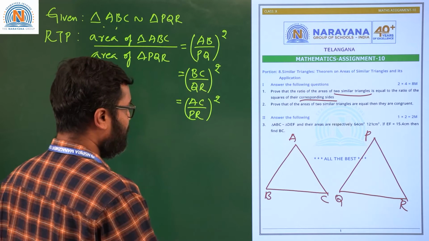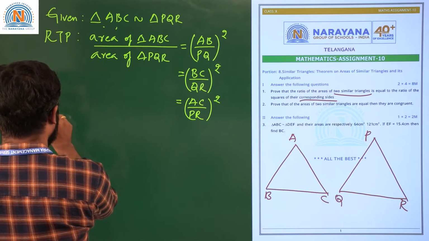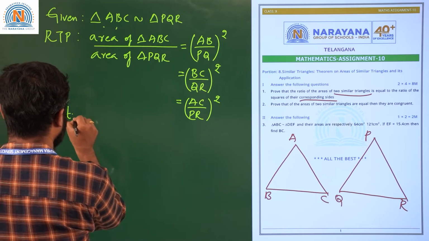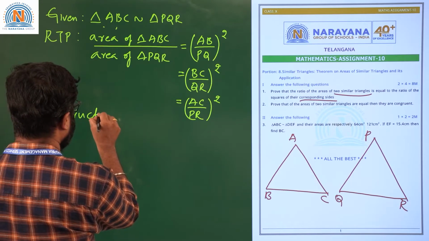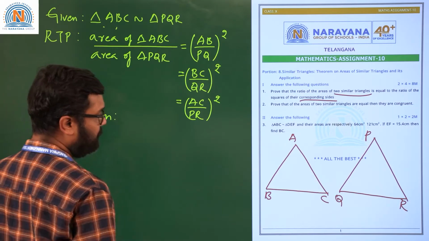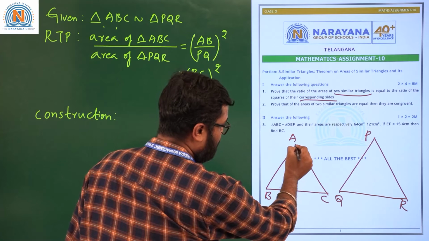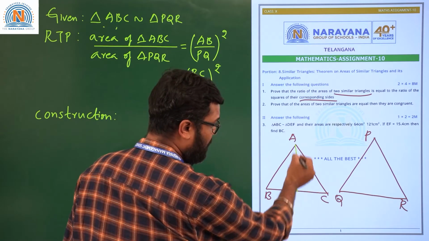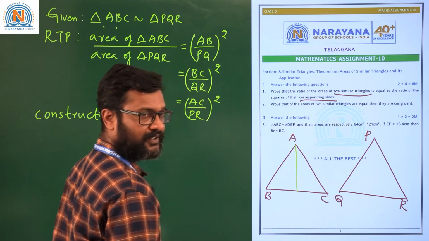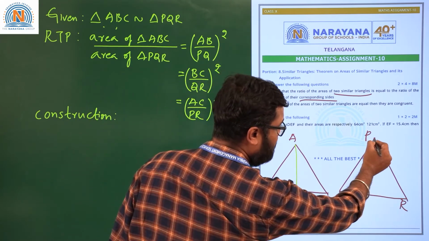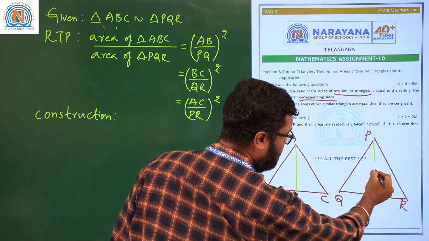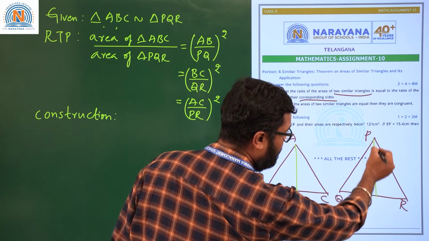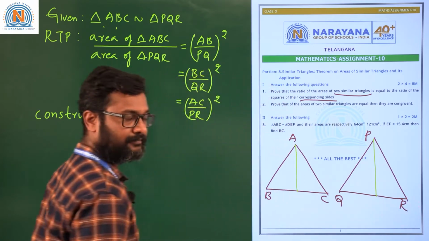Now here we will do one construction, children, to prove this. What is that construction? Draw a perpendicular line from A to BC, and in this triangle also draw a perpendicular line from P to QR.